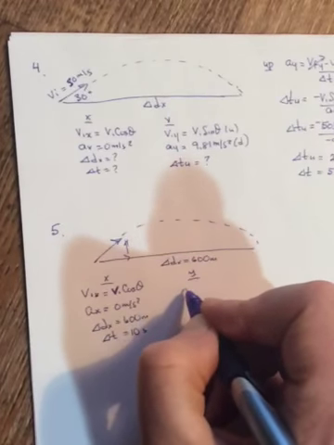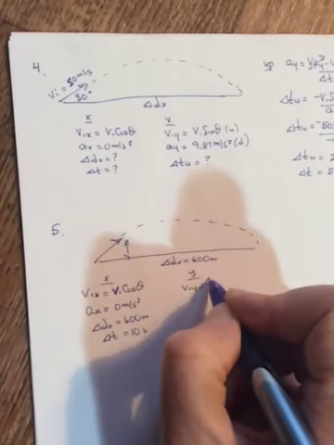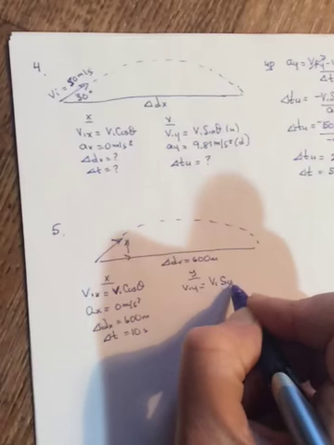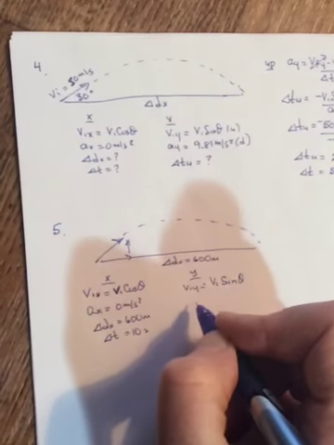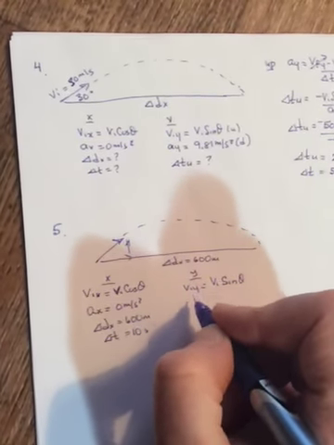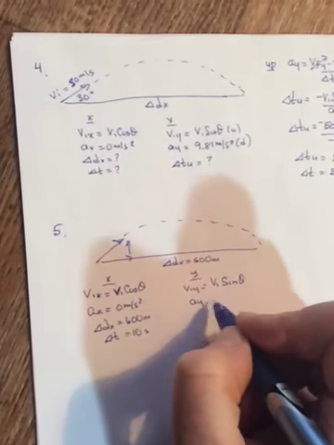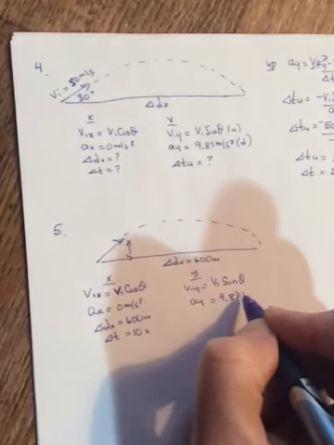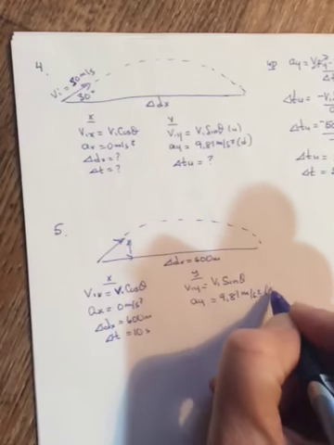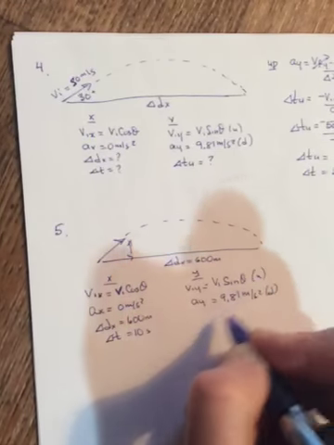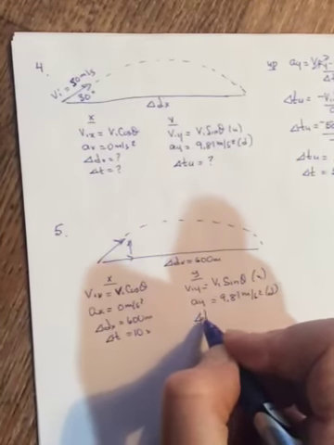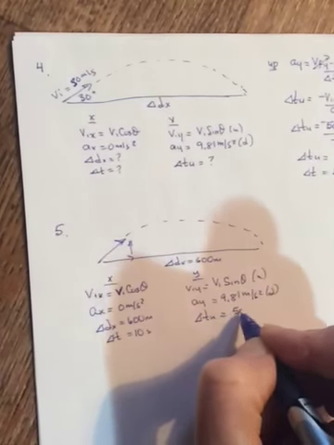In our y direction, we don't know viy, and again, you might just want to leave it as vi and not vi sine theta, because that way it doesn't introduce two unknowns. Ay is 9.81 meters per second squared. This will be down, this will be up. And we know our delta tu is 5 seconds.